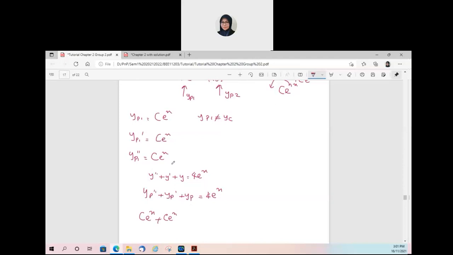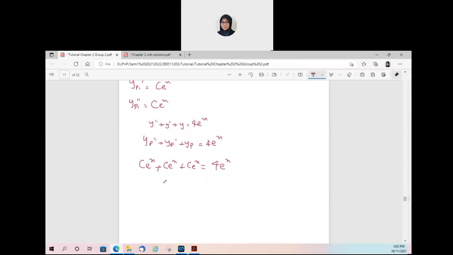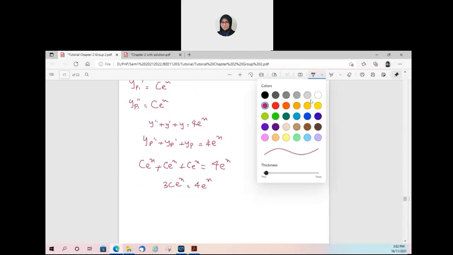Plus with YP, okay, CEX juga, equals to 4EX. Okay, boleh tambah tak semua ni? Boleh. So, kita dapat 3CEX equals to 4EX. Okay. So, now.